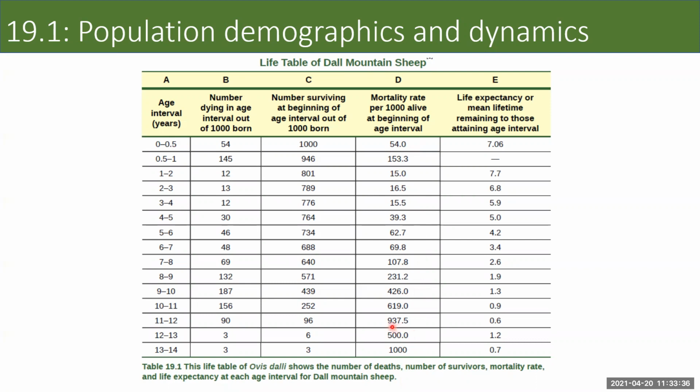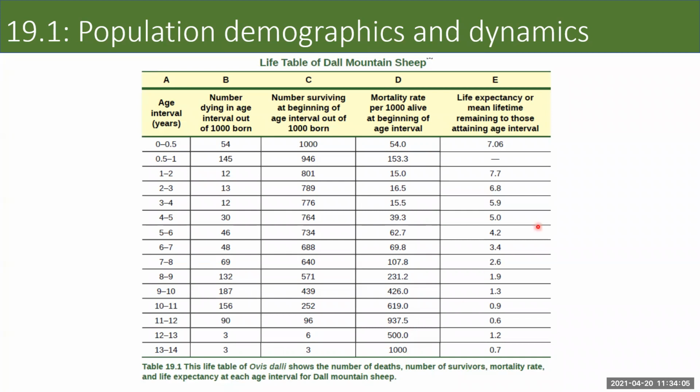So if you have 937.5 per 1,000 dying, that's a 93% mortality rate, right? And 1,000 per 1,000 is basically a 100% mortality rate. You really don't see anything older than 14.